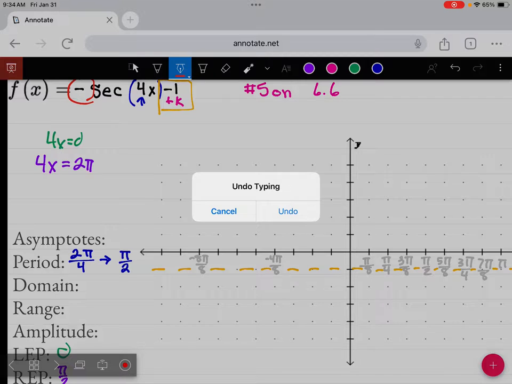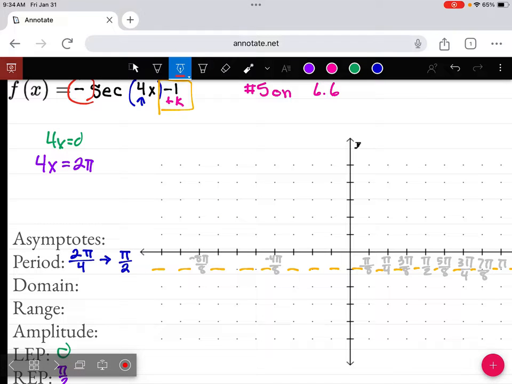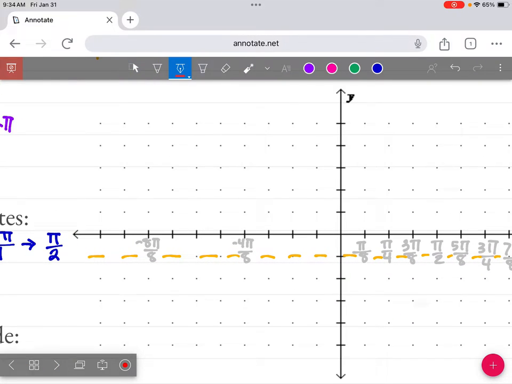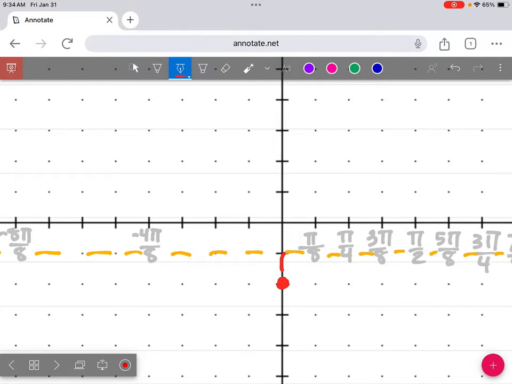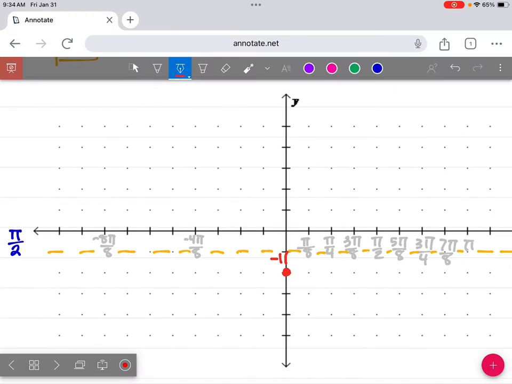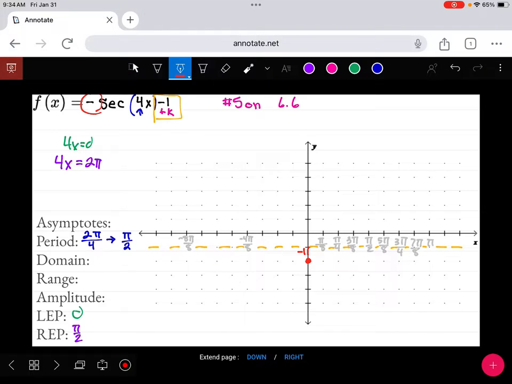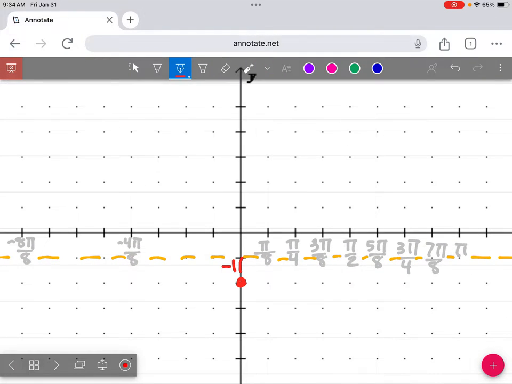So it does that vertical reflection just like it did in parabolas, just like it did in polynomials, just like it did in rationals, just like it did in exponentials. That vertical reflection over the x-axis. Same vibe. So instead of starting up 1 at our 0, we're going to start down 1 because we have that amplitude of -1. And then when we go to our pi over 2, that right endpoint, we are still down 1.